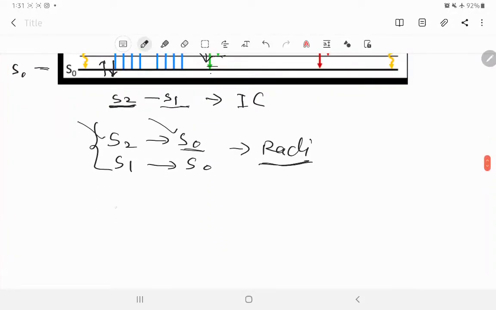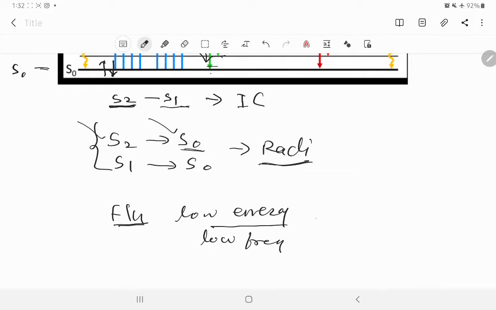Fluorescent emissions have low energy and low frequency compared to the radiation used for excitation of the molecule.